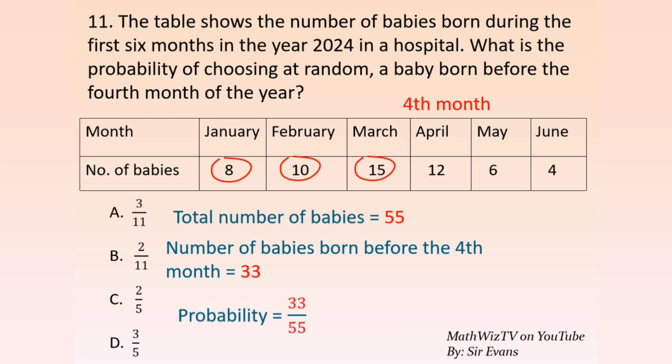So it becomes 33 divided by 55, and in simplest form we get 3 on 5, and that answers the question. So our option is D. That is very easy. As I said previously, these are basic questions. So let's end here and continue next time.